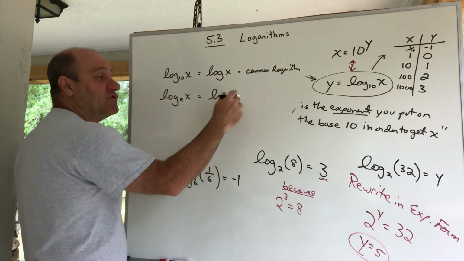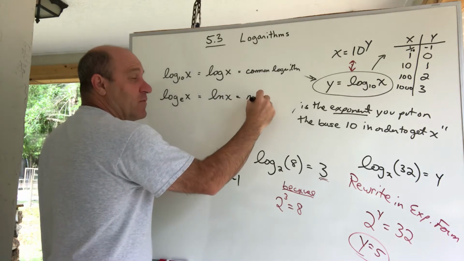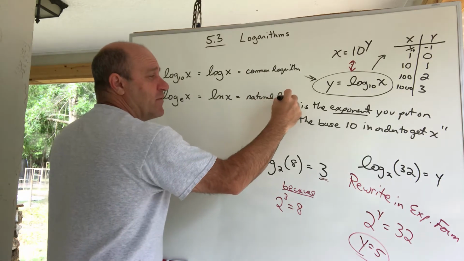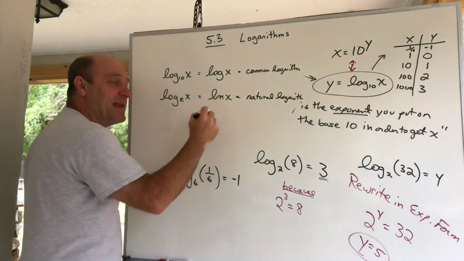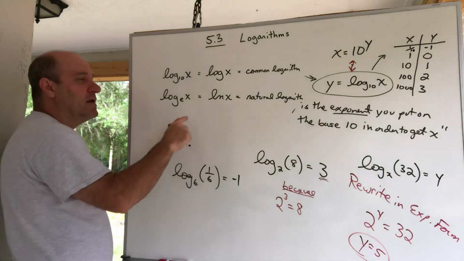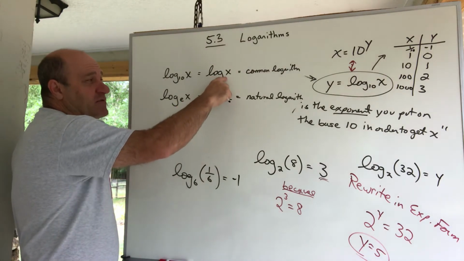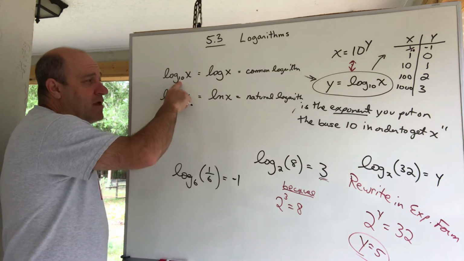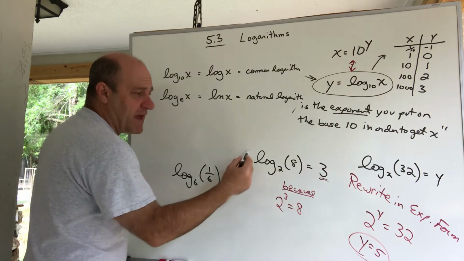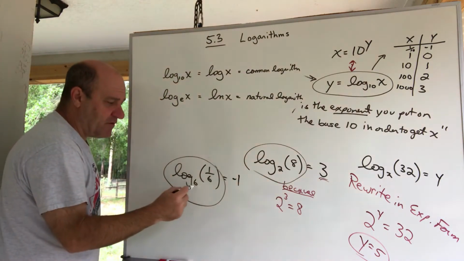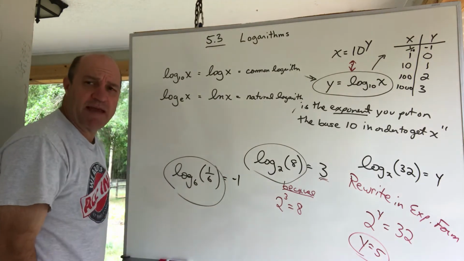We call it the natural logarithm, and we don't have to write the base. When you see somebody write ln, we know it's base e. So ln is a base e logarithm. Log without a subscript is a base 10 logarithm. But any other logarithm, if it's log base 2 or log base 6, we have to write the little subscript to tell you what the base is.